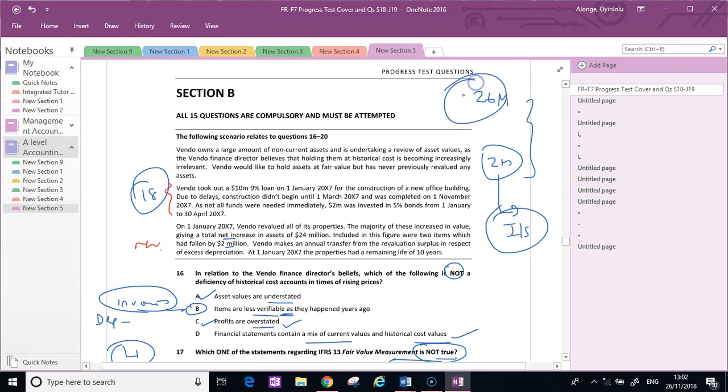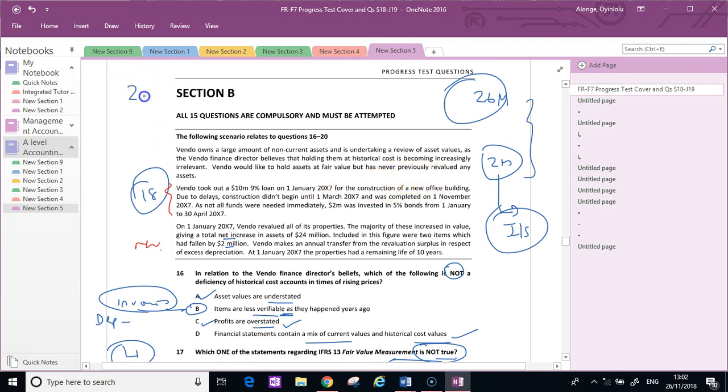And this is what goes to our revaluation reserve. So when we revalue that way, if you include two items that have fallen by 2 million, straight away we hit the 2 million, and we record the 26 million straight away in the revaluation reserve.